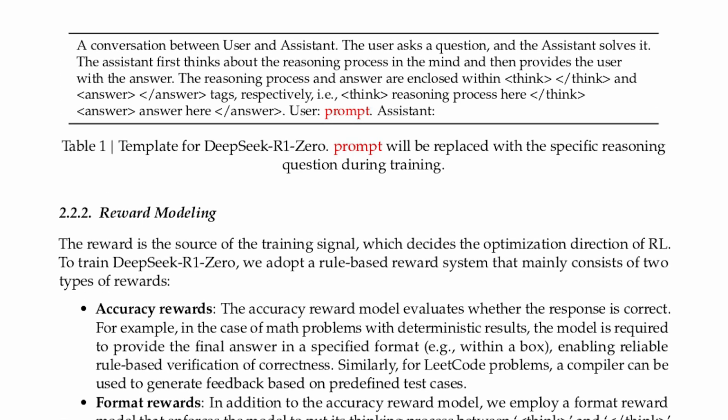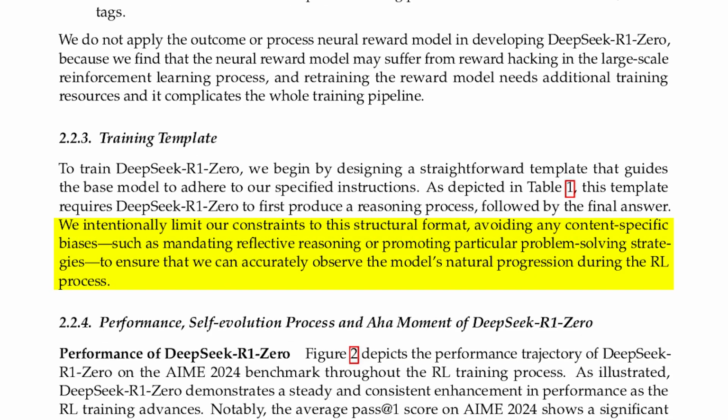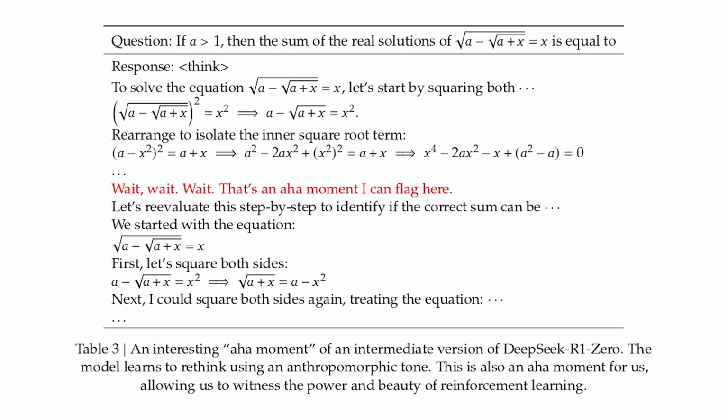So it's actually indicated to the model in the prompt or system message that it must provide the reasoning steps between specific tags, and the answer also should be between specific tags, and we will see that later on. So basically, only with this prompt and these kinds of reward functions, the model is incentivized to perform reasoning, and it learns to do that and even improve its reasoning autonomously without being told to do so.